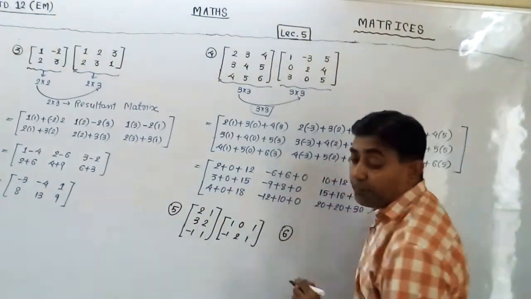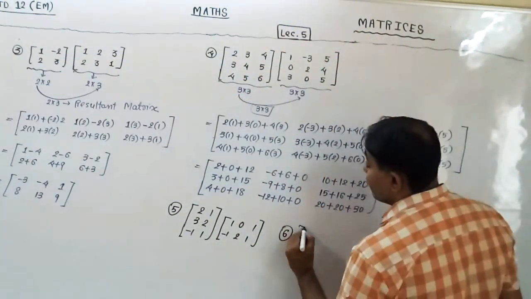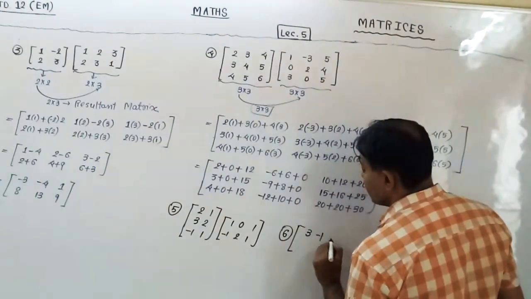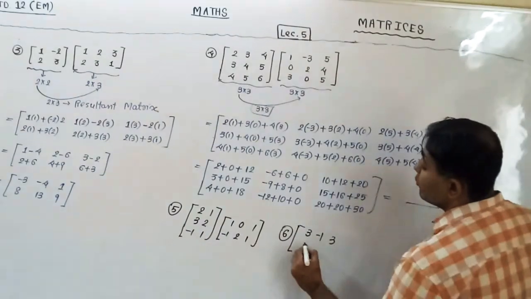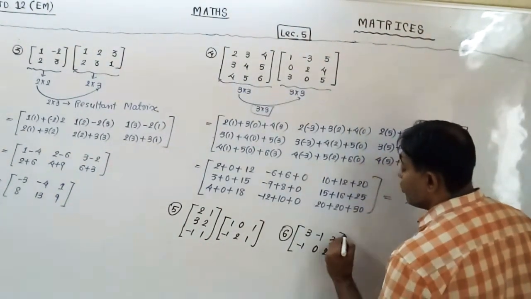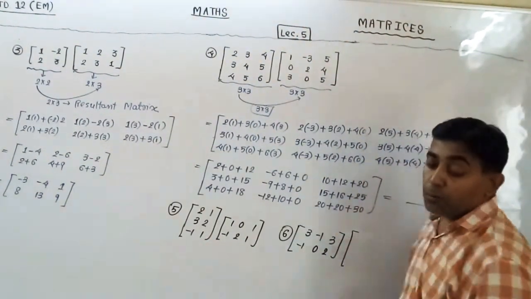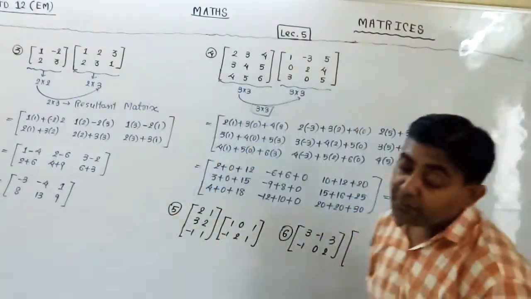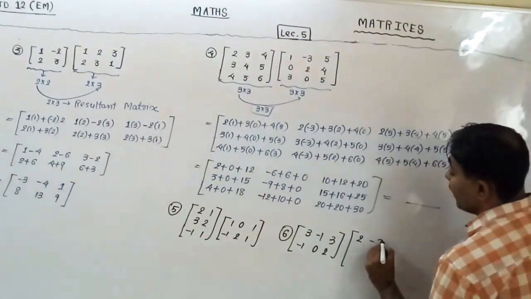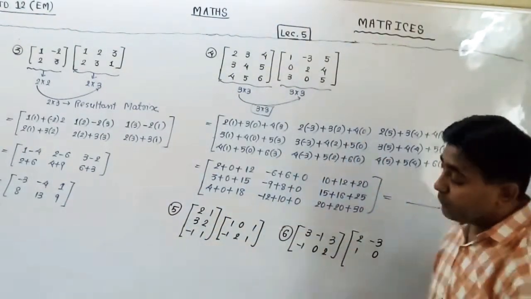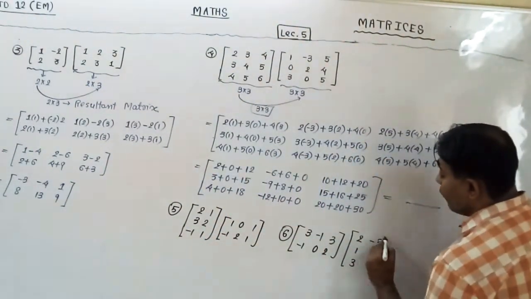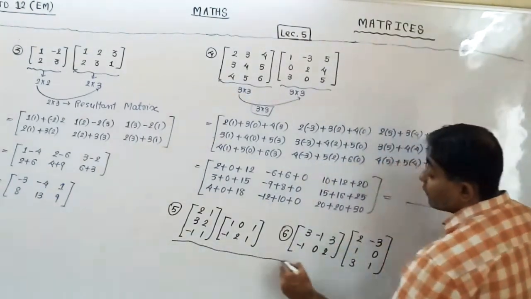The sixth example is 3 minus 1 3, minus 1 0 2, multiplied by the matrix 2 minus 3, 1 0, and 3 1. Try to solve both examples as homework.